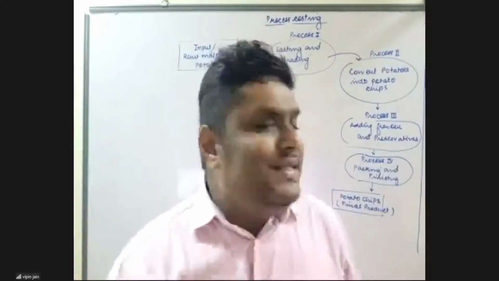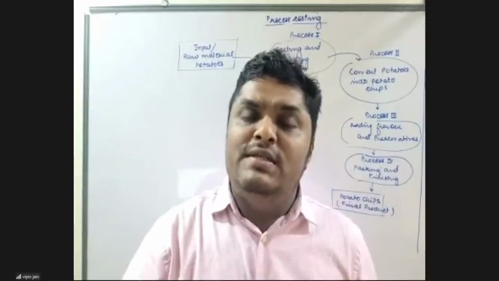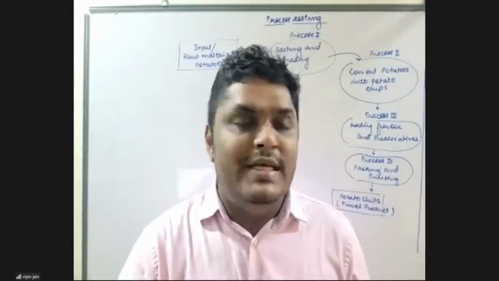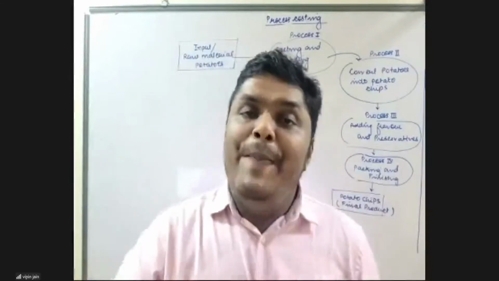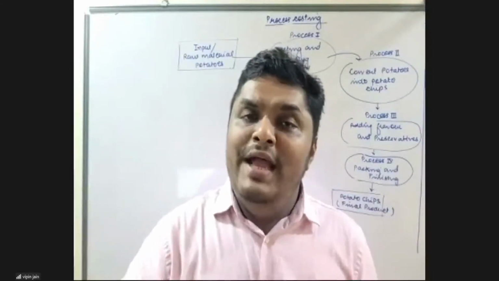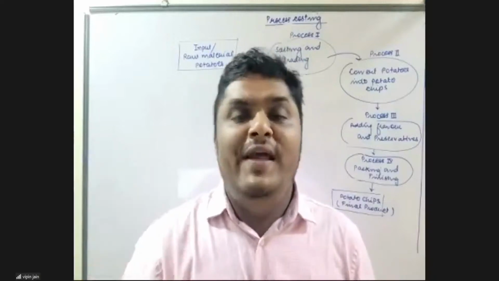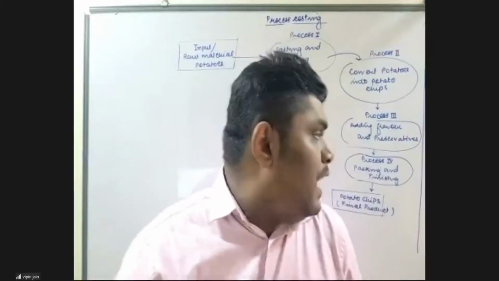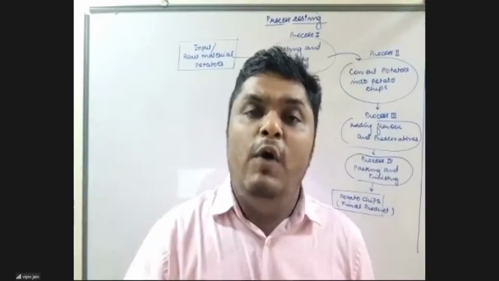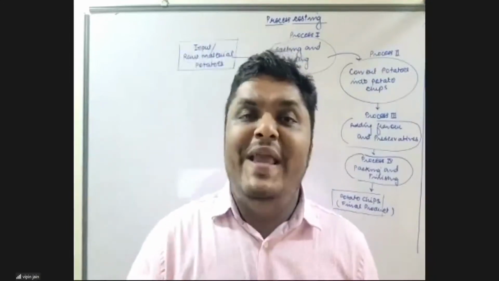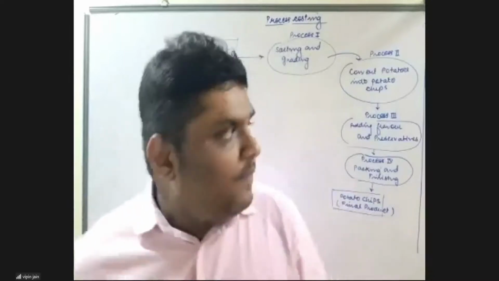Now, once the chips are ready in process third, the output of process third is transferred to the next process, wherein we do the packing and finishing work, and thereafter the output of process 4 is my final output. The output of process 4 is my final product, we call it the potato chips. So this is how this mechanism works.